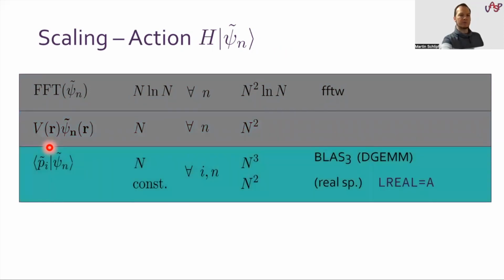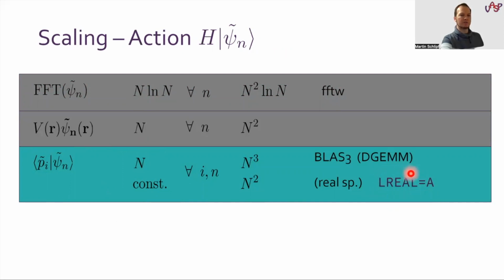And finally, we want to project this orbital onto these projectors in the PW sphere. And then this projection has a cost that is linear if you do it in reciprocal space, or constant if you do it in real space. And you can swap between the two techniques with this LREAL flag.